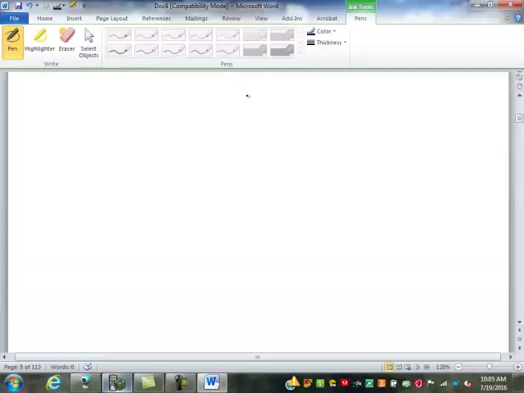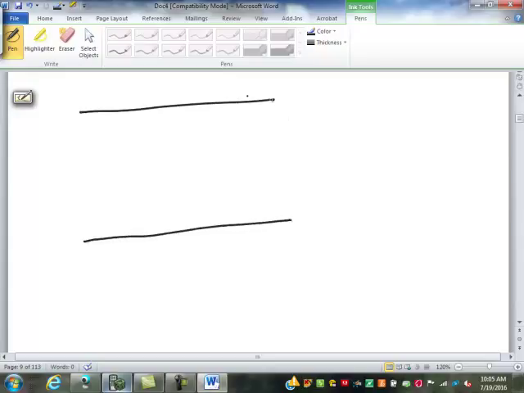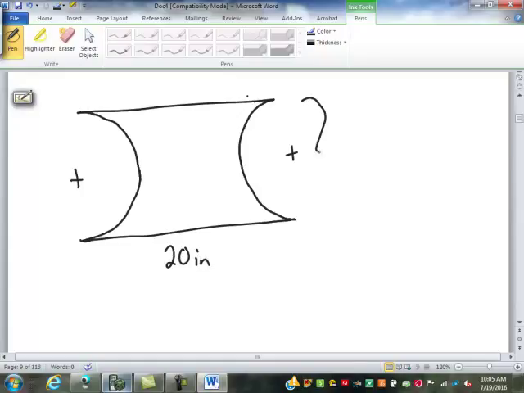Show you another example here before I let you guys try one. Those are both half circles. This is 20 inches, and this is 10 inches.